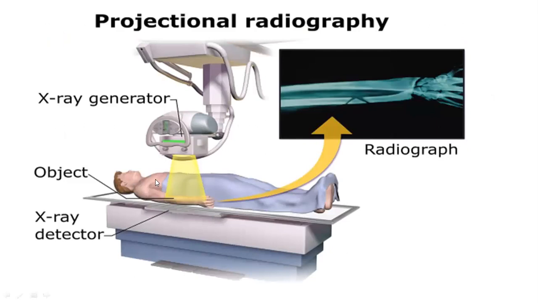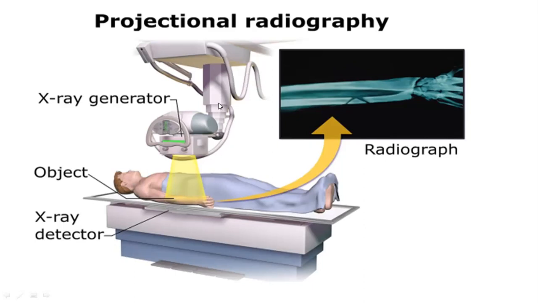The patient is lying on the X-ray table. Here the X-rays are passing from the anterior surface of the patient, and the film plate is on its posterior aspect.